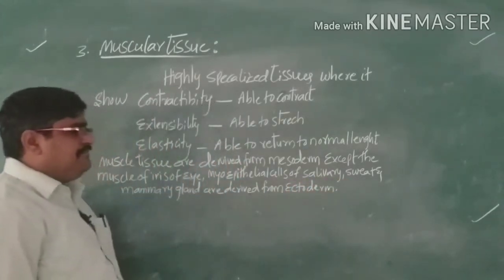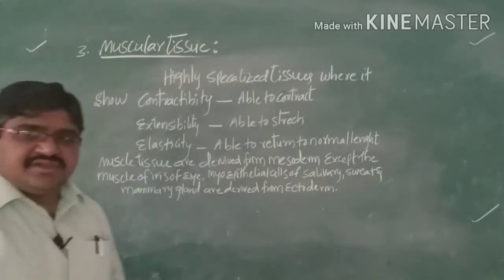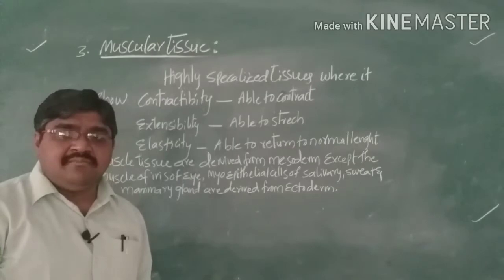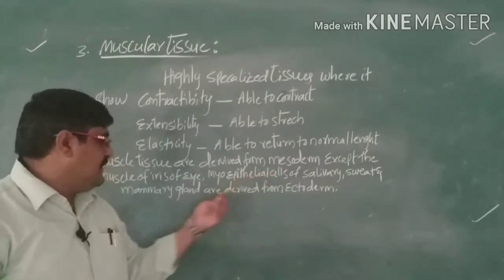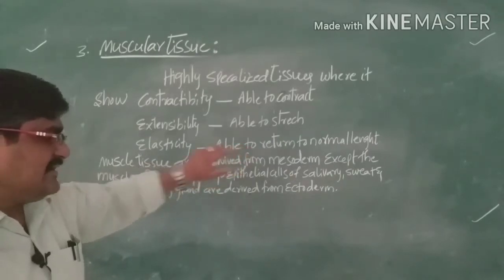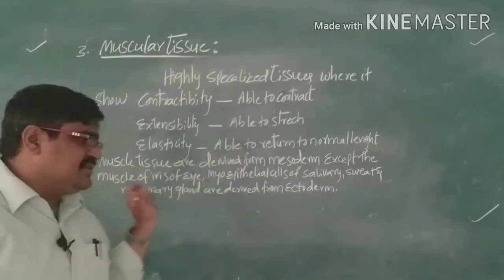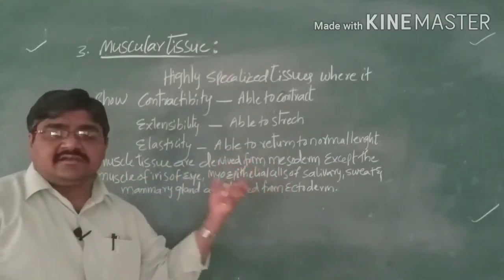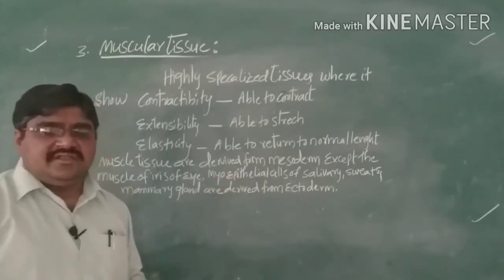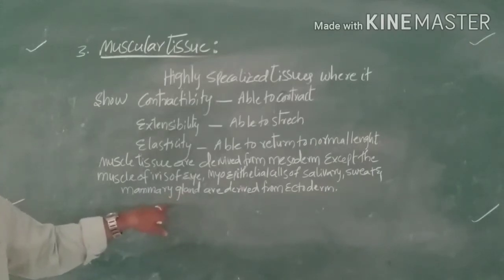But the remaining muscle tissues are majorly derived from the mesoderm.